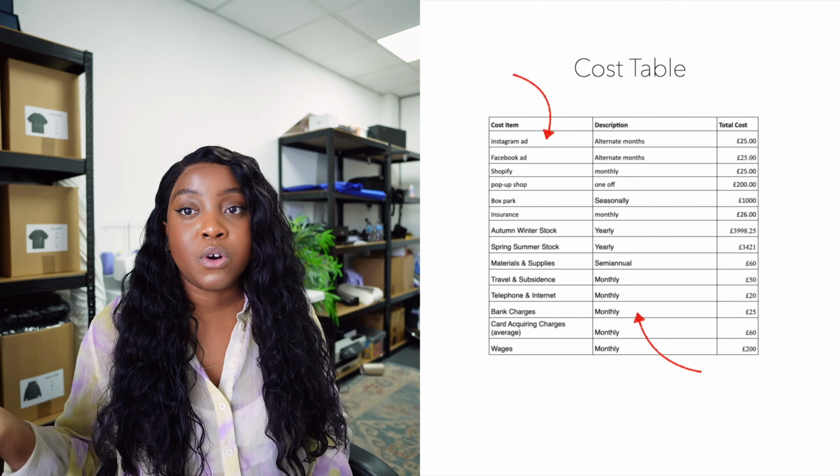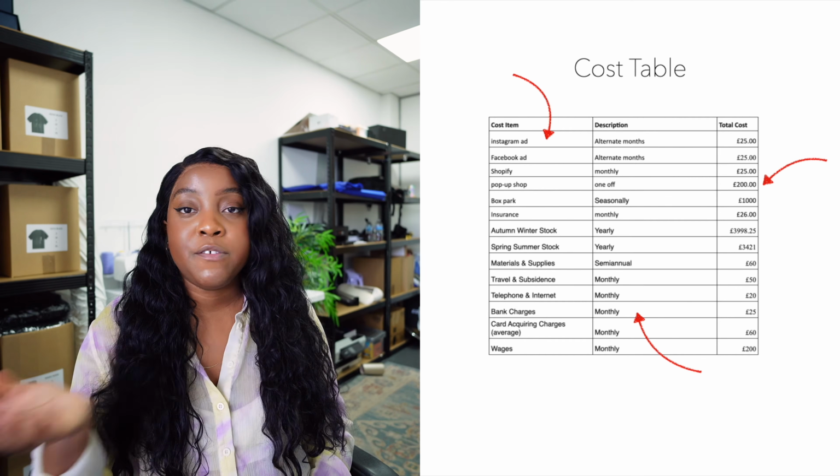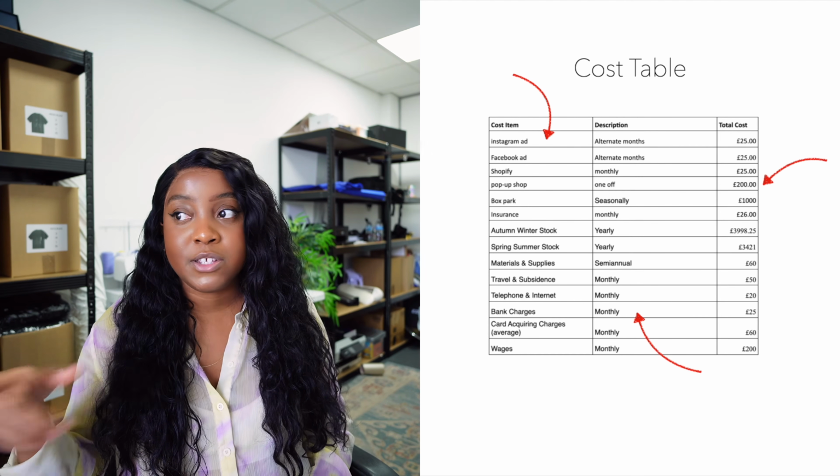And then in your final column, you're going to have the cost of whatever it is. So for example, Shopify, £25 a month, you're going to have that down as £25. So now when you're making your cash flow forecast, you know that every month you're going to have a line that says Shopify, and it's going to be 25 times 12 for the whole year, if that makes sense.